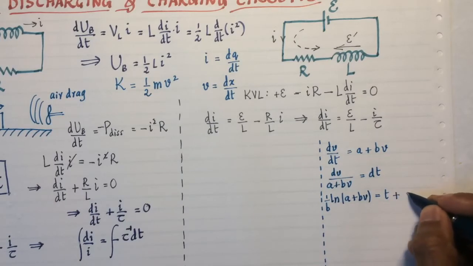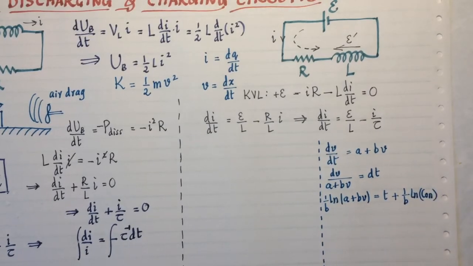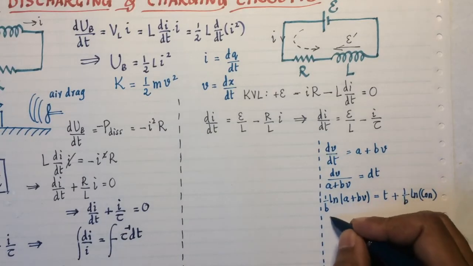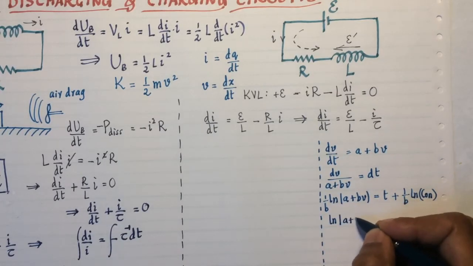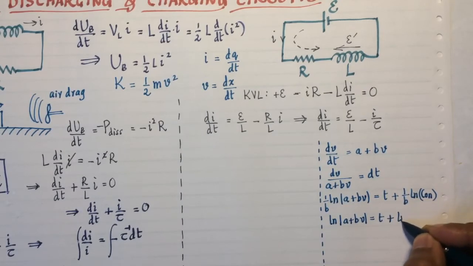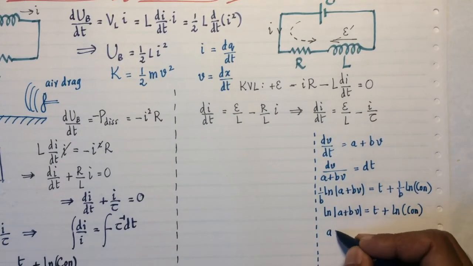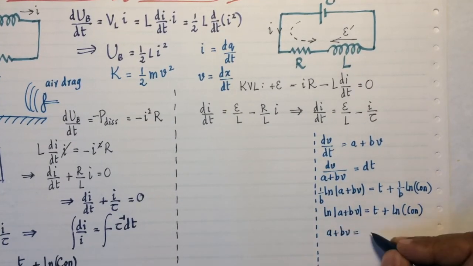I'm going to write this constant as 1 over b natural log of the constant. You'll soon see why. Multiply both sides by b, and I'll get natural log of A plus bv equals t plus just ln con. And now I'll take the exponential of both sides, so I'll get A plus bv equals con times, there's a b here, e to the bt.